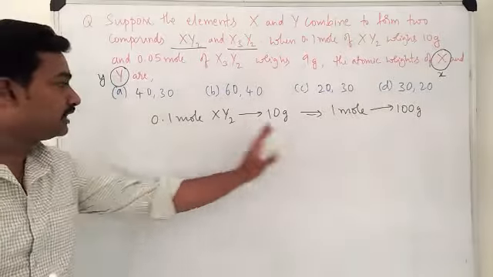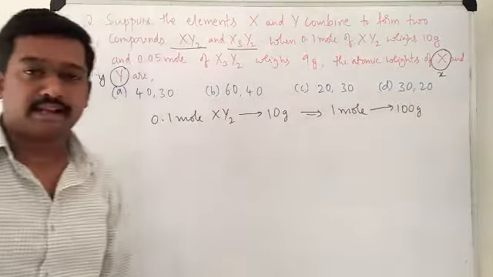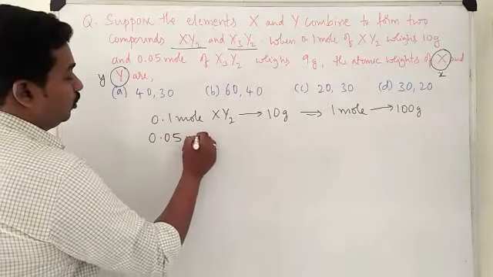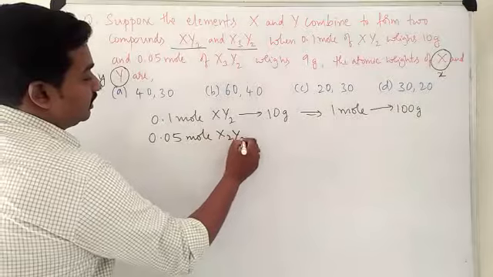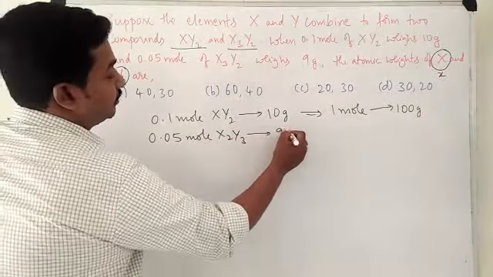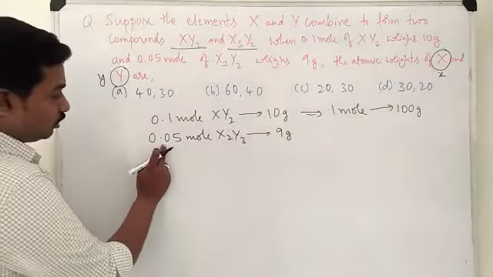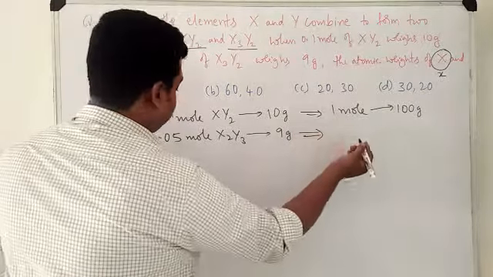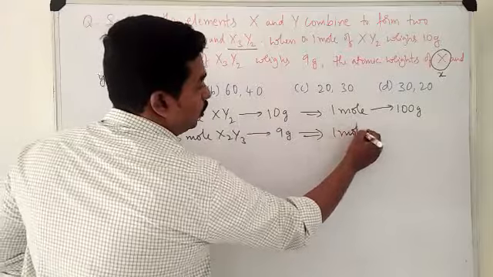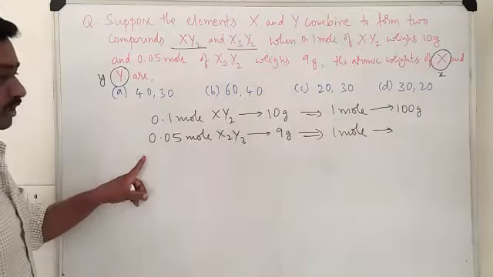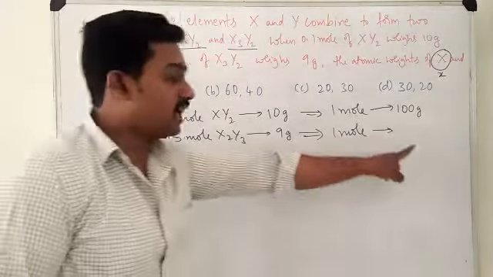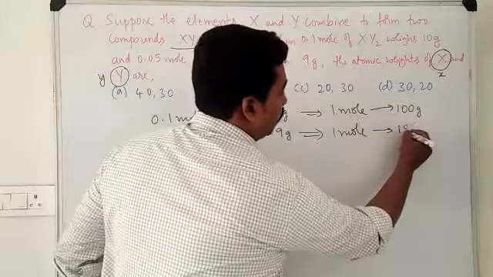Similarly, 0.05 mole of X3Y2 weighs 9 gram. To equate 0.05 to 1, we must multiply it with 20. So 1 mole weighs, look at the calculation, 0.05 has 9 gram, so 1 mole will have 180 gram.